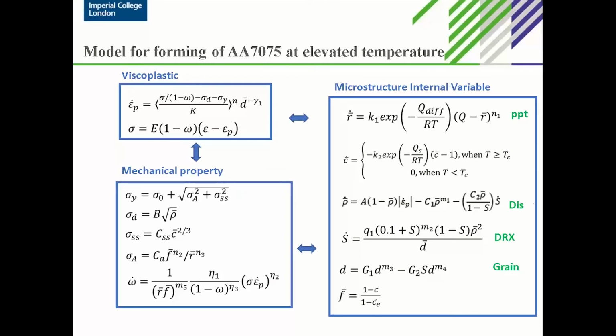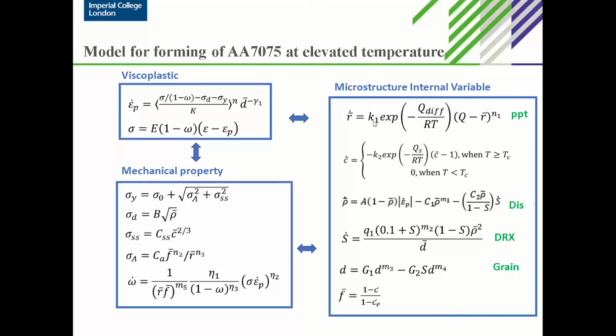So based on the microstructure analysis, what we built is an improved set of constitutive equations, which is able to describe the viscoplastic behavior and also the mechanical property evolutions during the forming process.